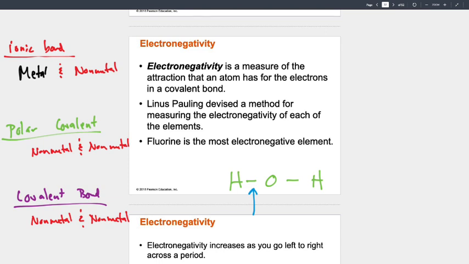So a covalent bond was equal sharing. When would I have a covalent bond if we bring in this concept of electronegativity? No. So most electronegative, fluorine. Fluorine is the most electronegative. So if it's the most electronegative, when I bond it to something, what is it going to do to the electrons in that bond?